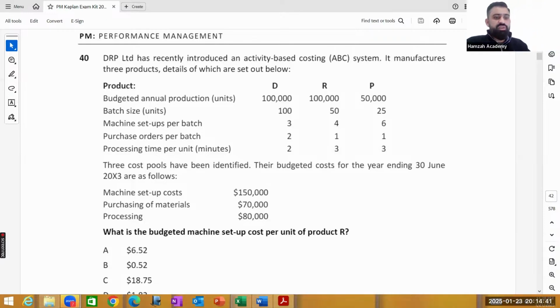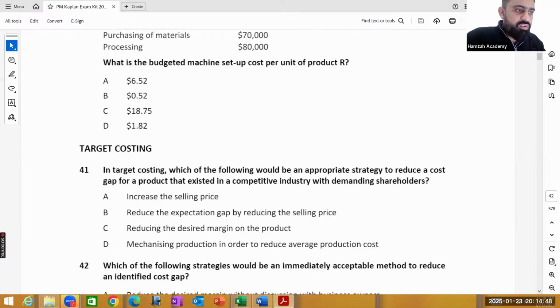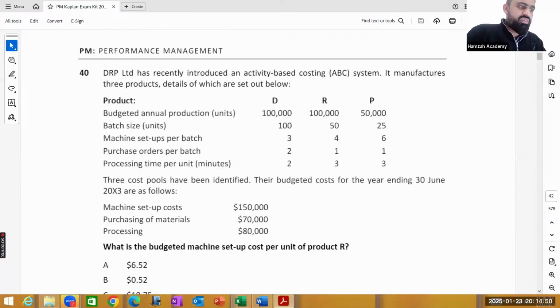And starting from question number 34 till question number 40 will be your home task.